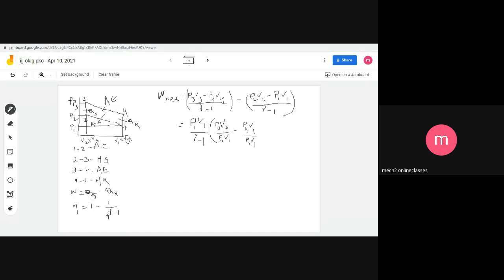Next, if I remove these brackets, minus P2 V2 by P1 V1 plus 1. Minus into minus gives plus 1. So I'm closing the bracket. We had taken P1 V1 by gamma minus 1 common, so we got this value. Now we'll derive it completely.